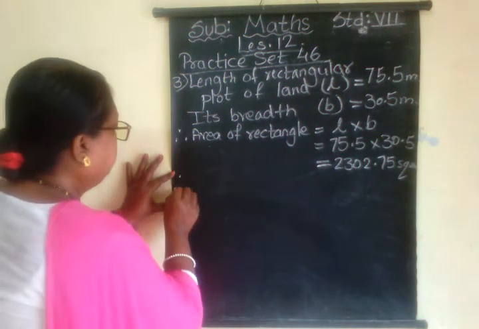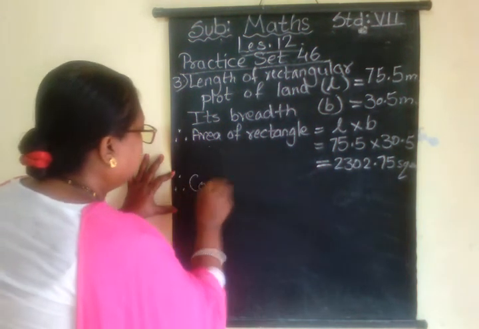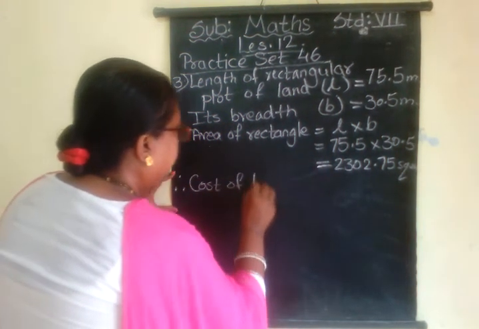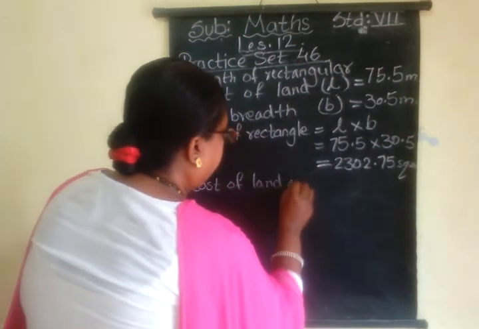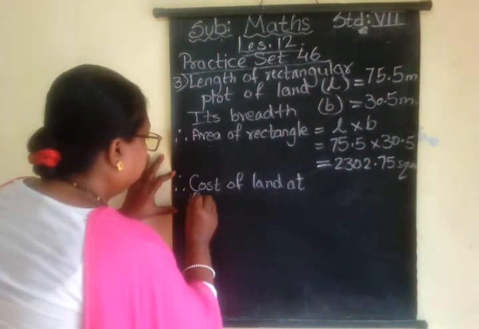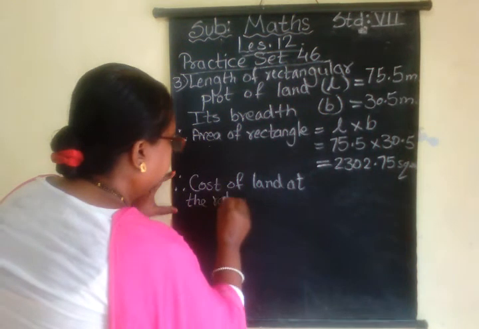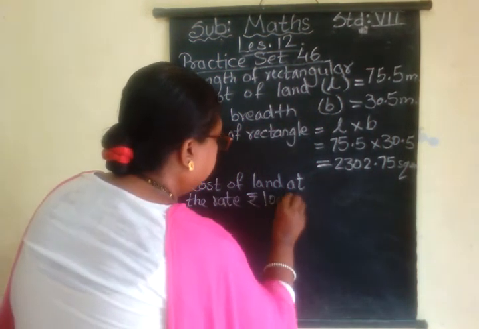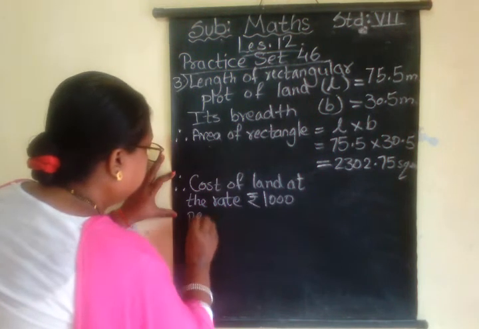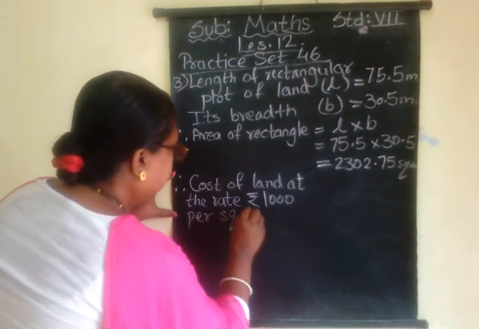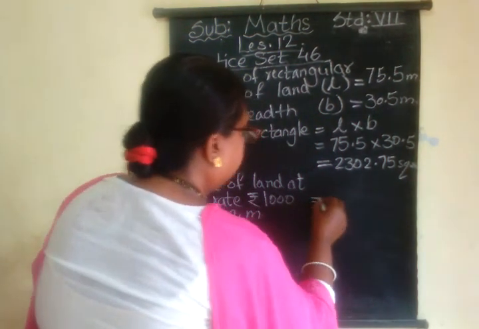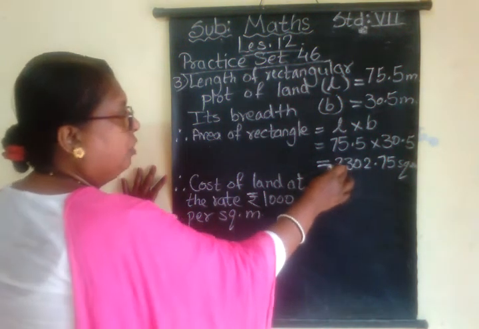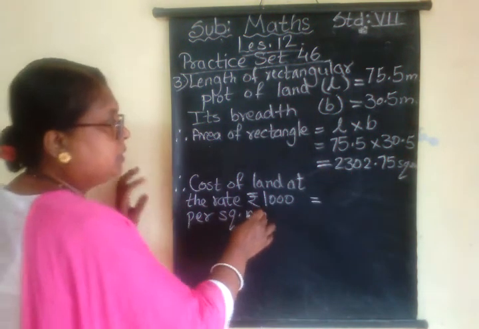So therefore, cost of land at the rate rupees 1000 per square meter is equal to whatever area you have got, that you have to multiply it by rupees 1000.